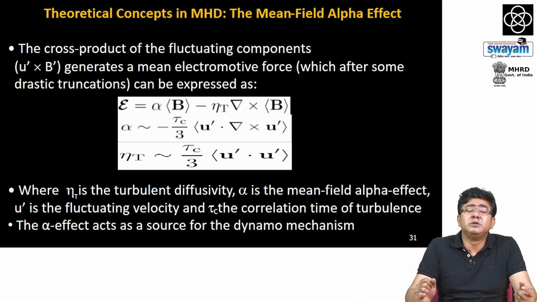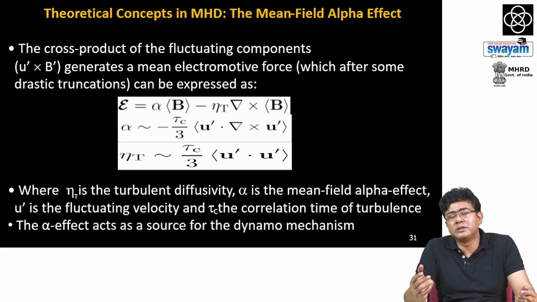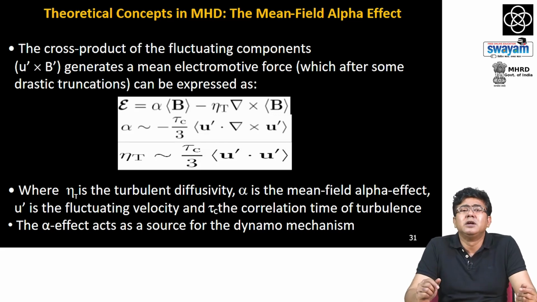And the alpha that you see here in the mean electromotive force in the first equation is, as you see, related to the helicity u dash dot curl of u dash, where u dash are the fluctuating velocity components, and the turbulent diffusivity eta is just a dot product of the fluctuating velocities, implying it is related to the mean energy of the fluctuating velocity fields in the plasma domain.